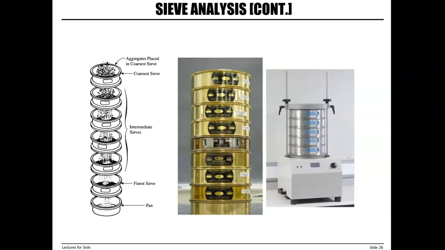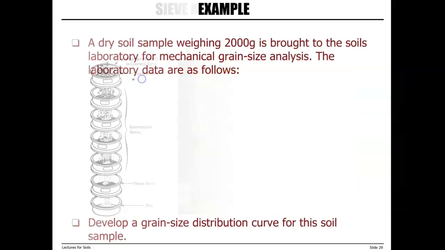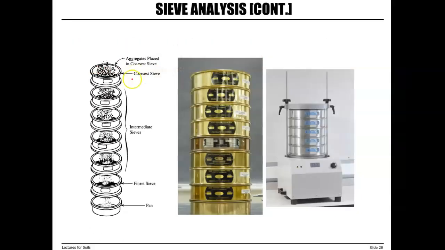The first thing that you need to do is to measure weight of empty sieves. Then after we measure weight of sieves when they're empty, we need to stack them on top of each other. So you need to make sure that coarsest sieve is on top. Then we have intermediate sieves, then our finest sieve, and then pan.